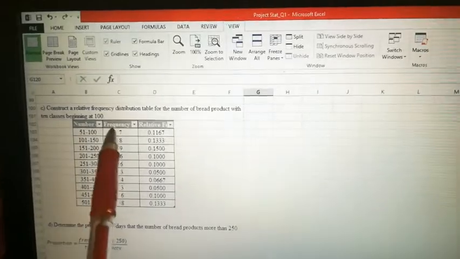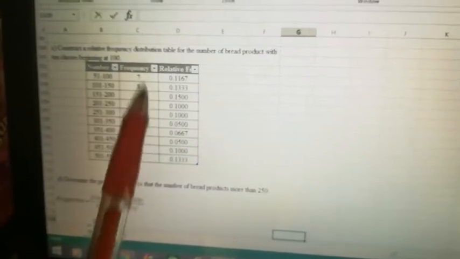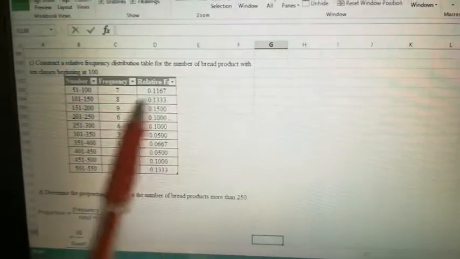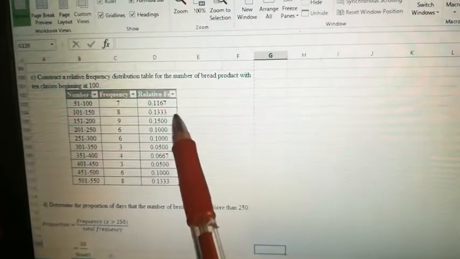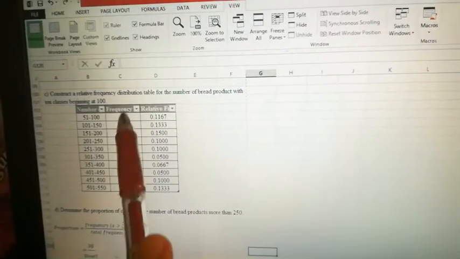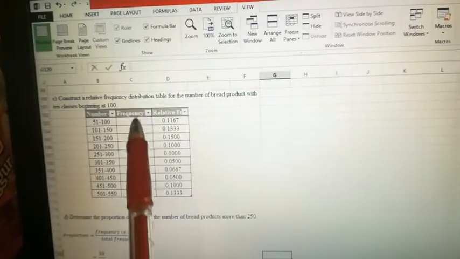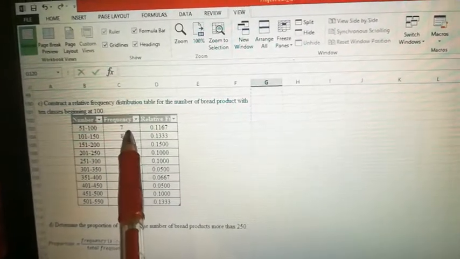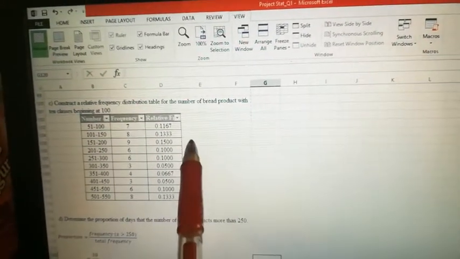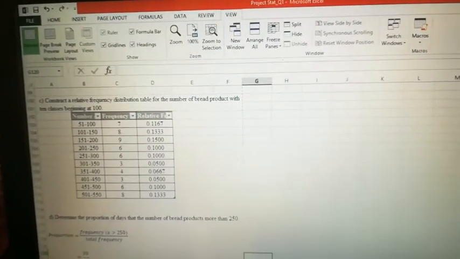Then for the frequency, we state the frequency for each class of the number of bread product. Then we find the relative frequency, which uses the formula f/n. For every class of the number of product, we use the frequency and divide by n, which is 60. Then we get the answer.